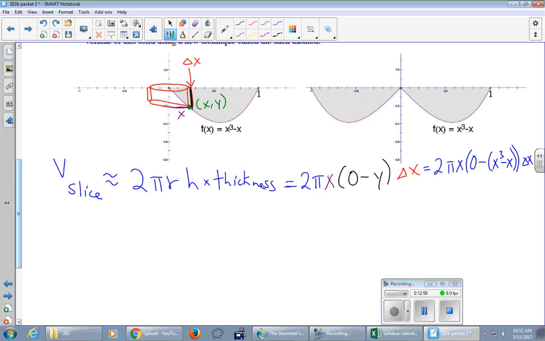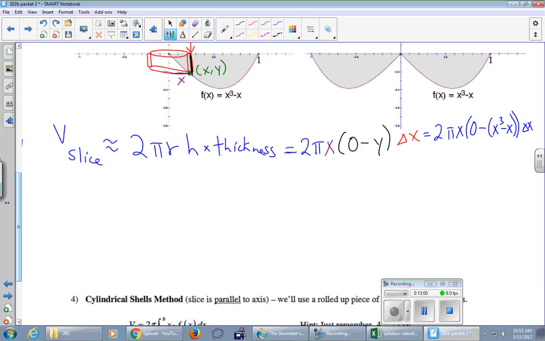Okay, the hard work is done. We'll spend one step cleaning this up, and then we'll throw it inside of our sigma. So that is equal to 2 pi x. If you distribute the negative sign through, the x becomes positive and the x cubed is negative. So I'm just going to reverse the order here. That's it.